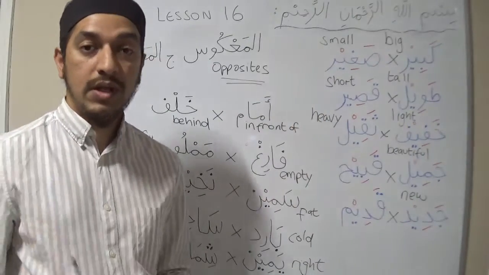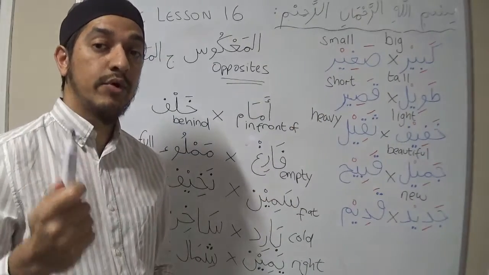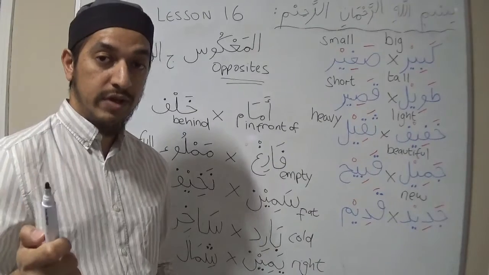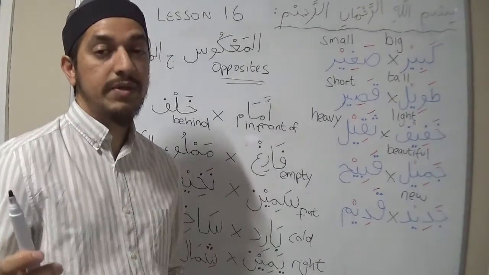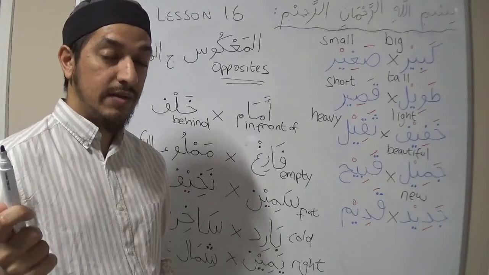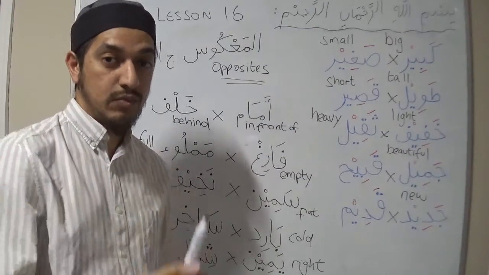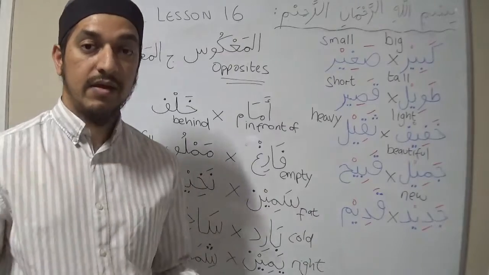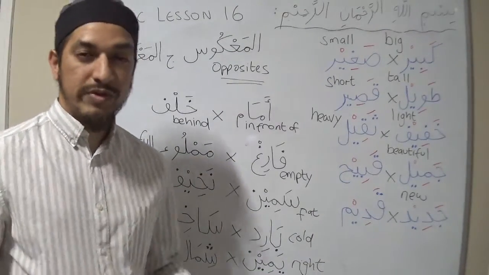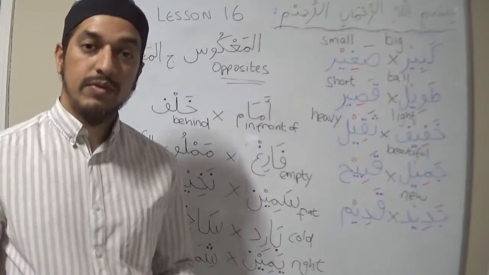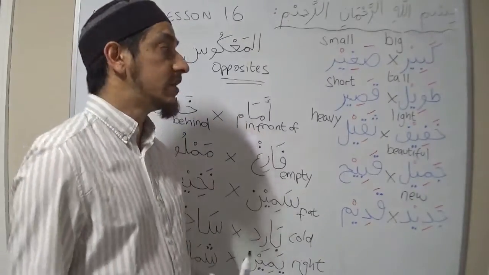So if I said al-walad saghir, saghir hasn't copied al-walad with alif lam. So that means the boy is small. We're telling you a predicate and the subject, which we haven't really explained.